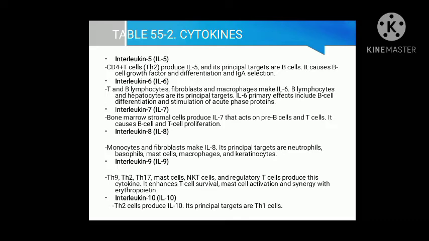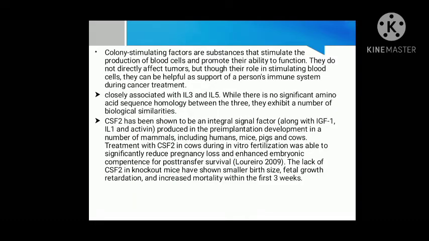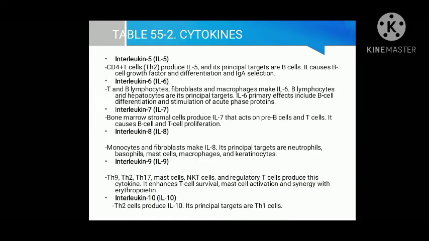In interleukin 9, or IL-9, the properties are just T cell proliferation. In interleukin 10, or IL-10, Th2 cells produce IL-10, and principal targets are Th1 cells. Next, you can read the other interleukins, 11 to 35, in the book in table 55-2.